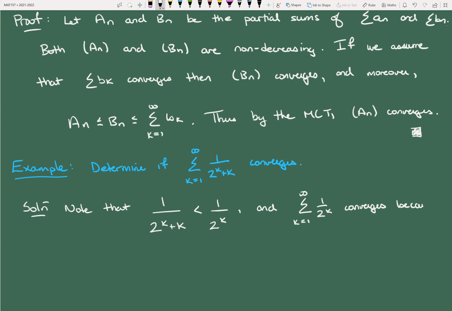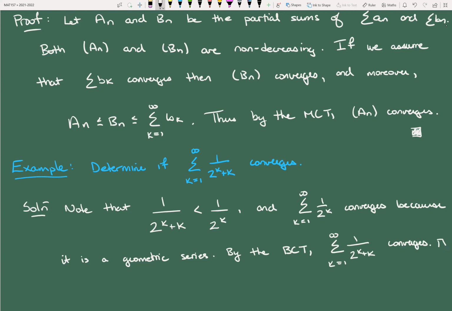So by the BCT, so too does the left-hand side, right? So by the BCT, it converges, great. Right, that's a pretty easy thing. It's not too bad.